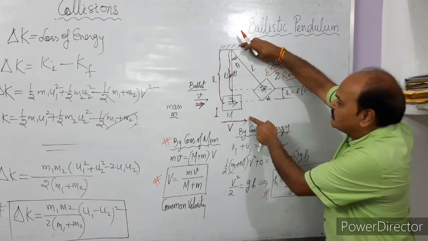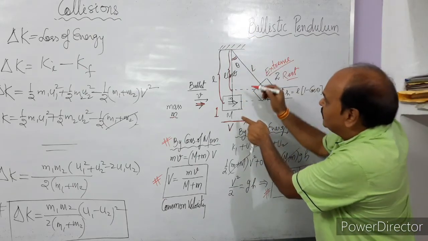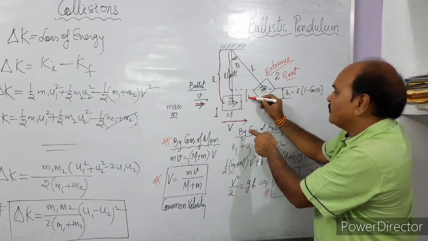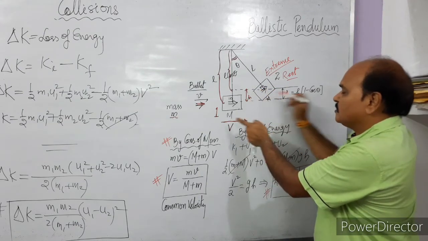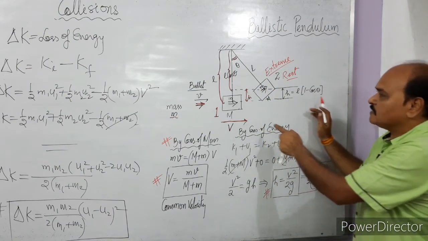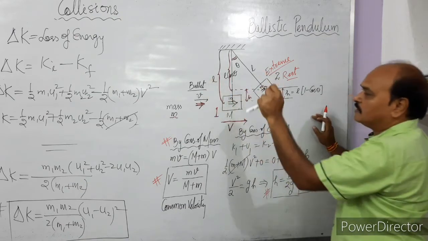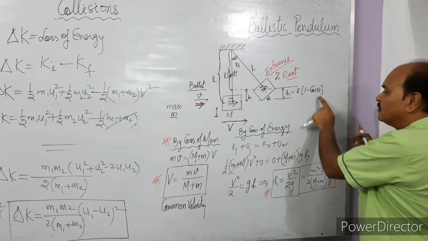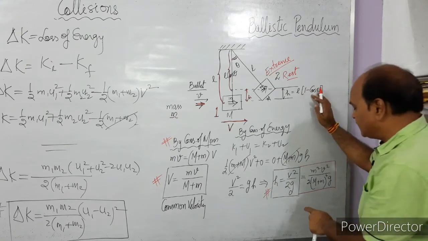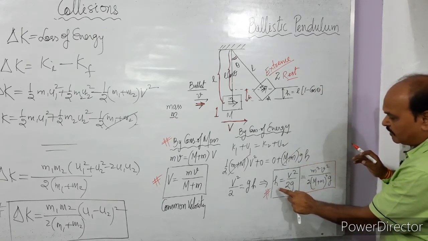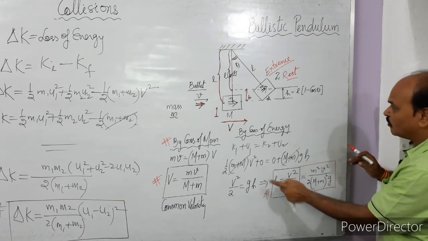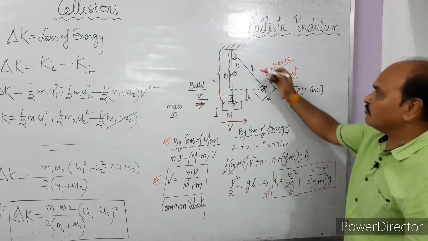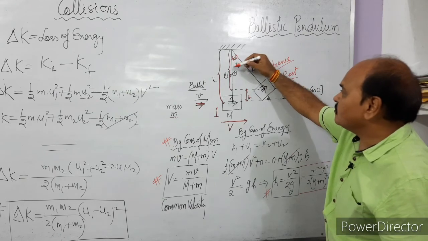If from L we subtract L cos theta, what do we get? We get this h, which is the vertical separation between the two positions. So this h is going to be L minus L cos theta. We take L as common. What do we get? L times (1 minus cos theta). So if we substitute the value of h here and solve for theta, we'll also get to know the angle by which it is going to move up.